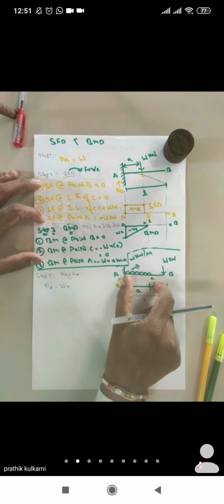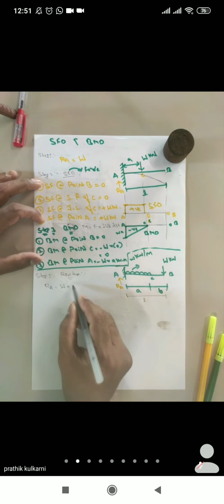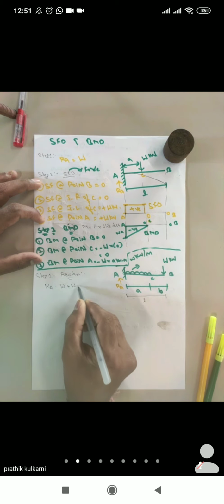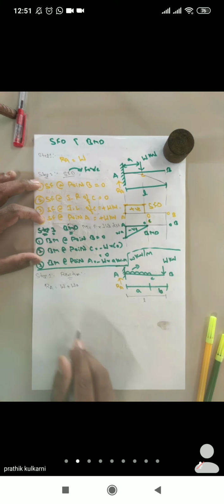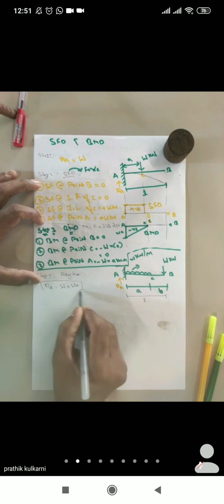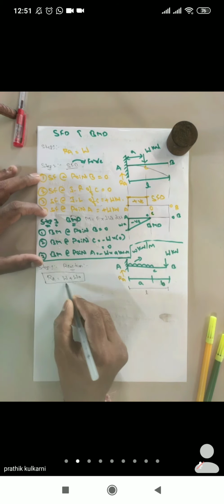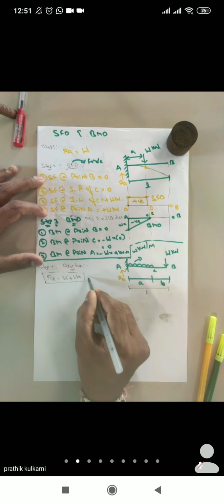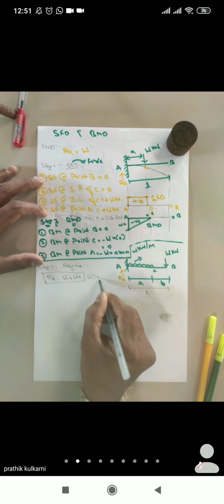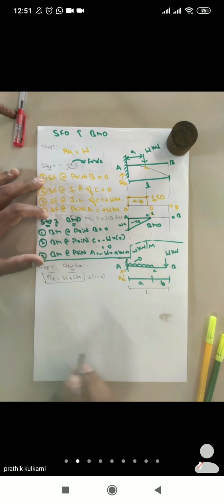Then what is the total length we have? A. So plus we can write w into A. So this is my complete reaction. RA will carry a loading of W plus w into A. You can take W as common and write it as W plus wA if you want. It is your wish.